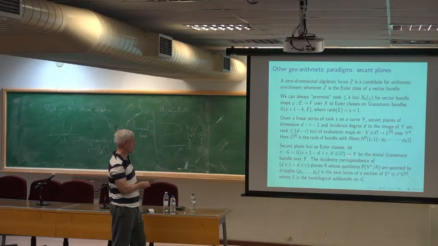Yeah, there's a typo here, but this would be a Grassmann bundle over the d-fold Cartesian product of y with itself. The point is that I can realize secant planes as zero loci of sections of this tensor product of the dual of the tautological subbundle on this Grassmann bundle together with a pullback of this L to the D secant bundle.